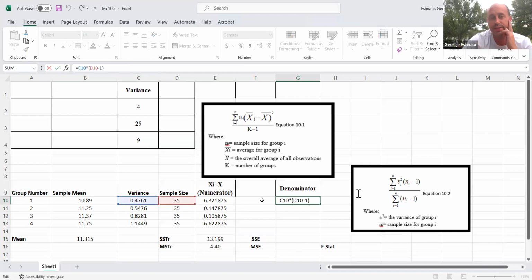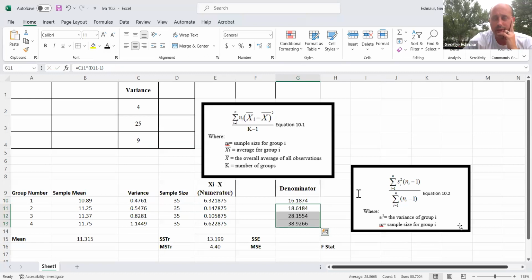That's what I built into this formula, all the way down. And then what do I do with it? Since this is called the sum square of the error, just sum them up, right? Okay, so that gives us the numerator of our denominator.